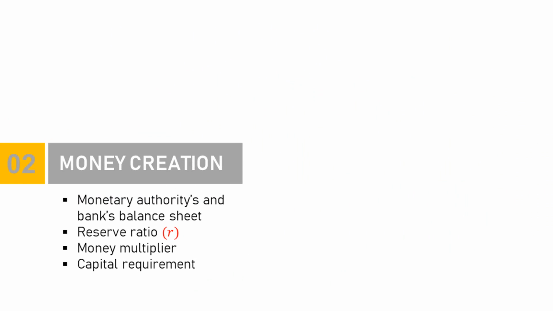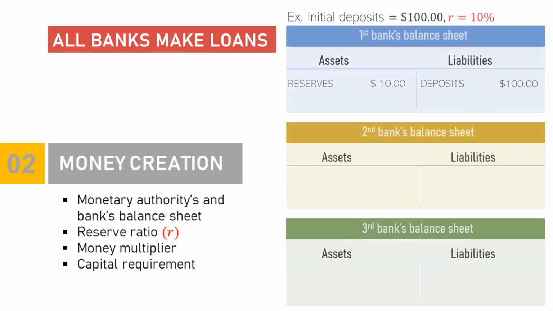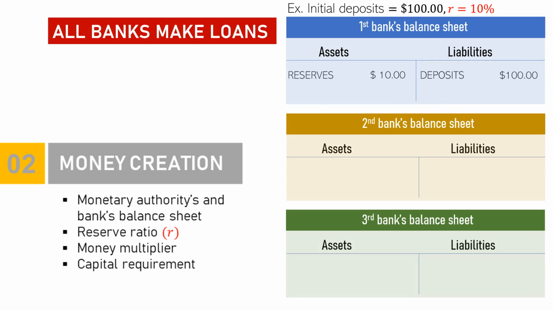How is it now if all banks, not only Bank 1 and Bank 2, provide loans as much as the law allows them to, that is, 90% of their total deposits? Look, Bank 1, as in our previous case, loaned out 90% of its deposit, or $90 out of $100. Bank 2 now also makes loans.